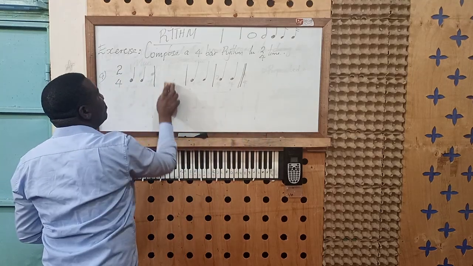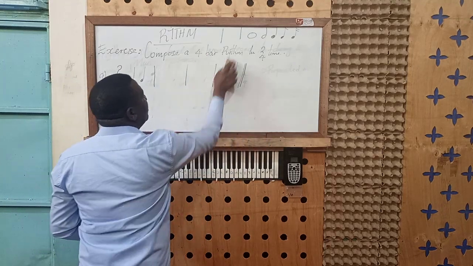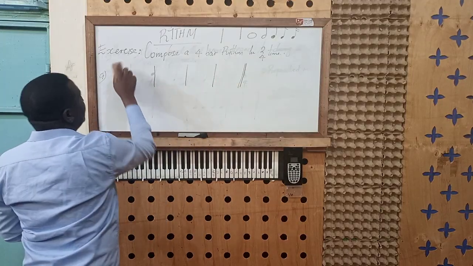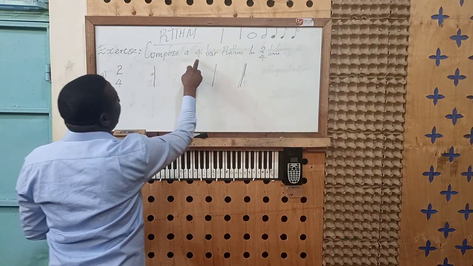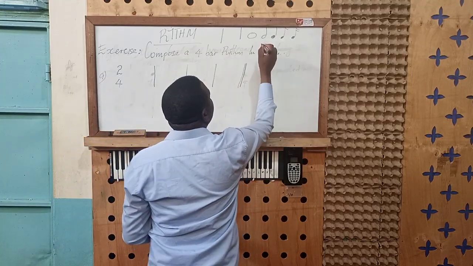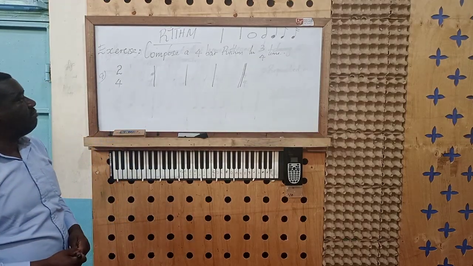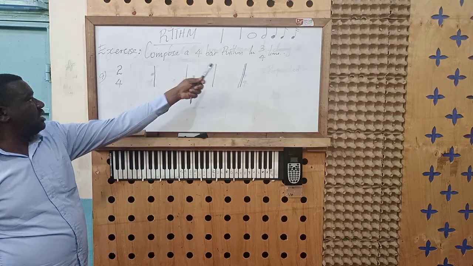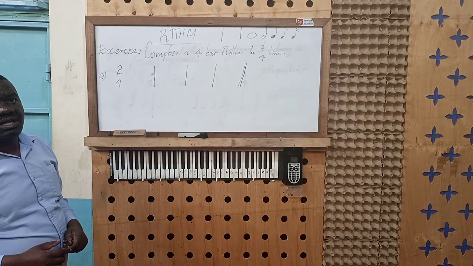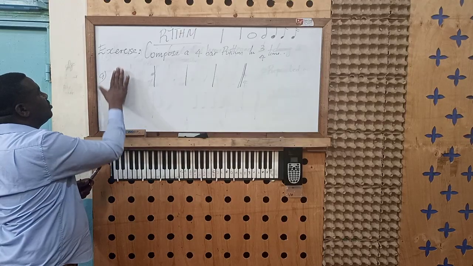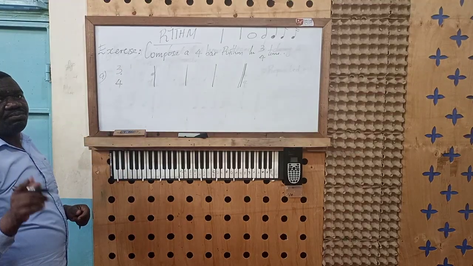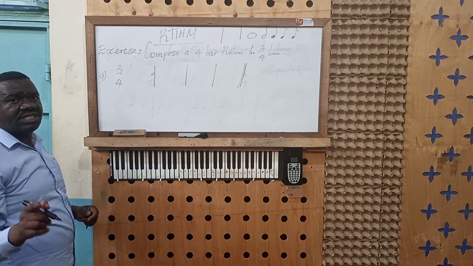I'm going to remove that and change the exercise to compose a 4-bar rhythm in 3/4 time. 3/4 time. I've changed the time signature. Now, if you change the time signature, then we also change here to 3/4. It now tells us in each bar there will be 3 crochets.